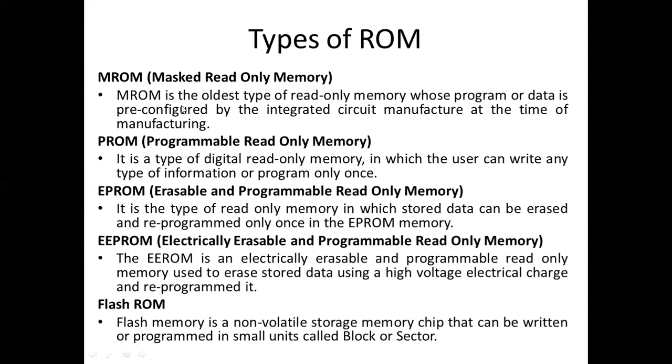MROM is the oldest type of read only memory, whose programs and data are pre-configured by the integrated circuit manufacturer. Whoever developed that chip and the motherboard pre-writes those instructions on the chip themselves.